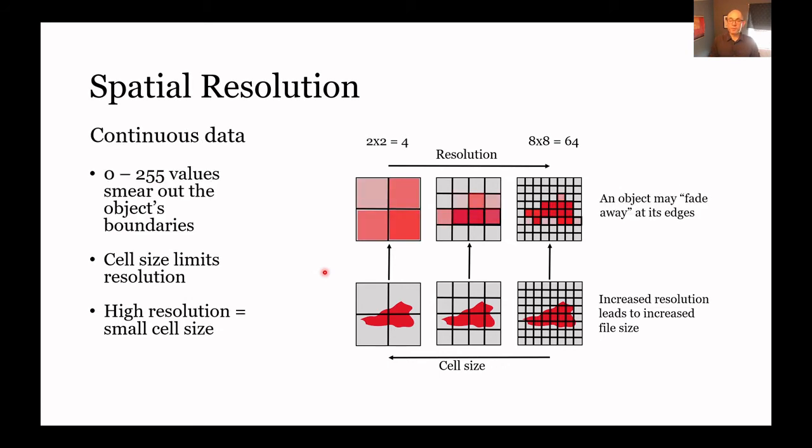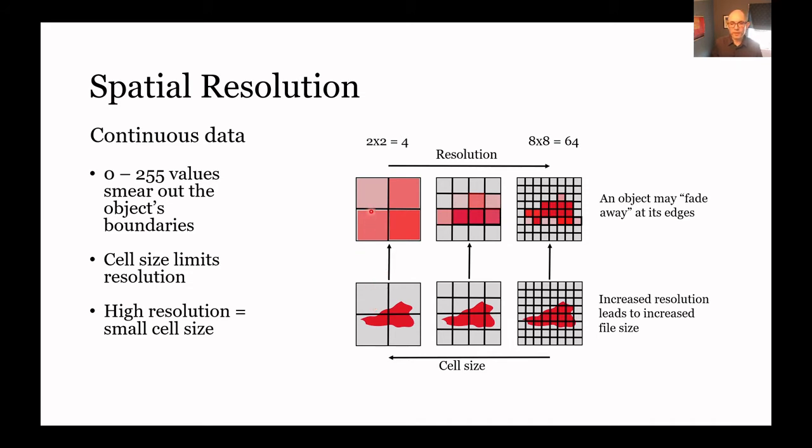When it comes to continuous data, which is more like aerial photographs, satellite images, we can measure degrees of being a particular thing. So if the grey now just represents absence, whereas the red is the signal we're trying to measure, the amount of red in a particular pixel or cell.